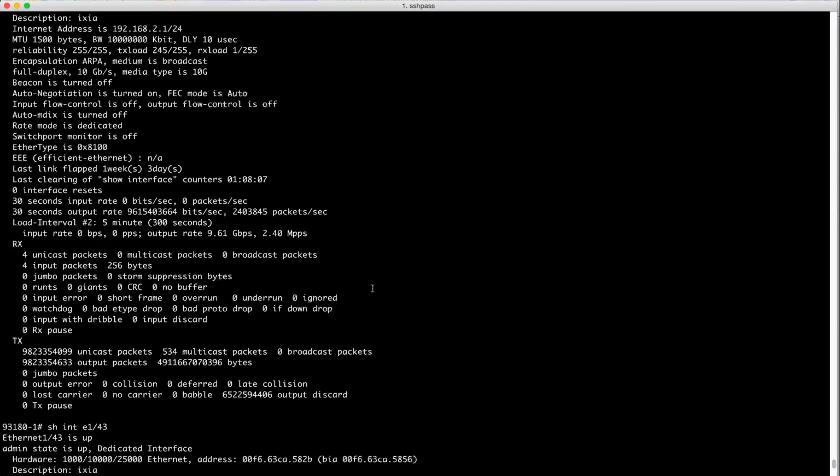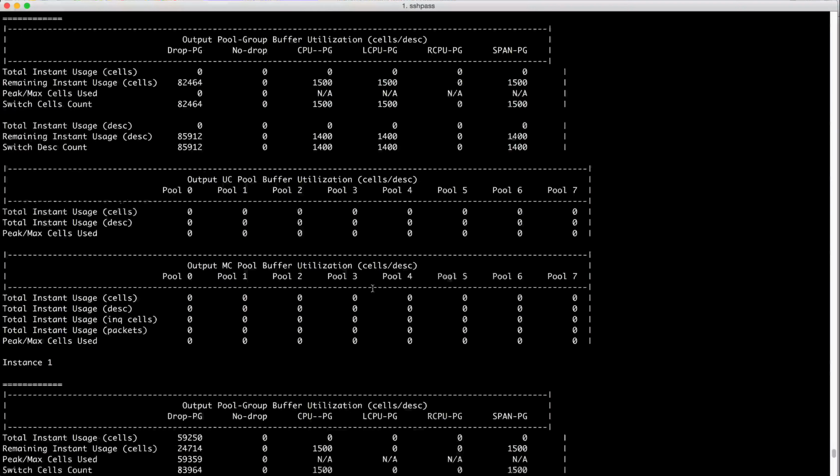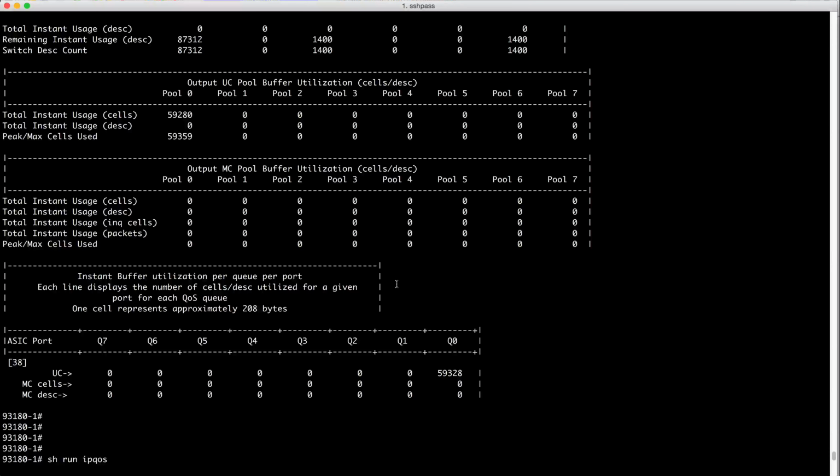And so we see our 2 elephant flows are indeed recognized by the switch. But now let's look at the buffer. The buffer usage we used to have was important because the elephant flows were not recognized as such, so the switch was not doing flow aware QoS. It was giving a large amount of the buffer to the elephant flows.